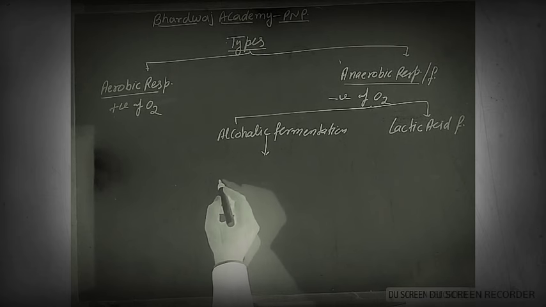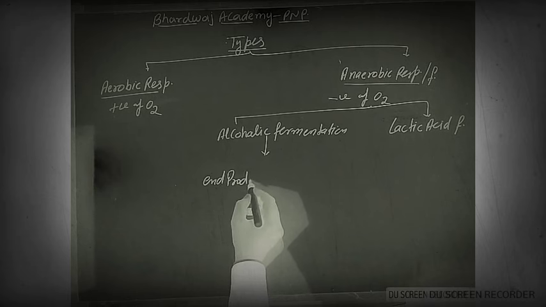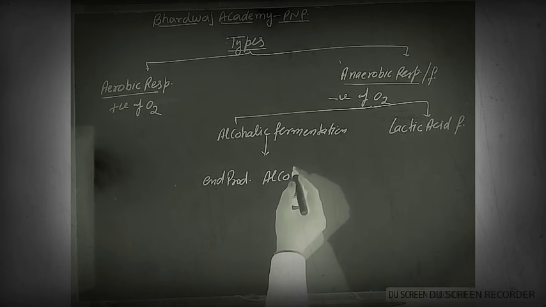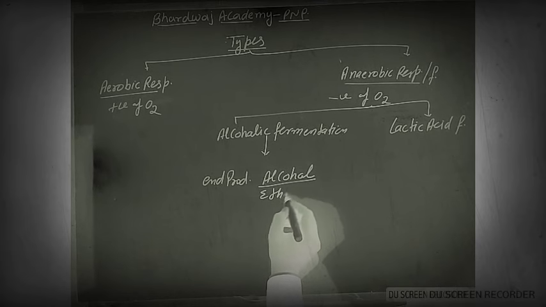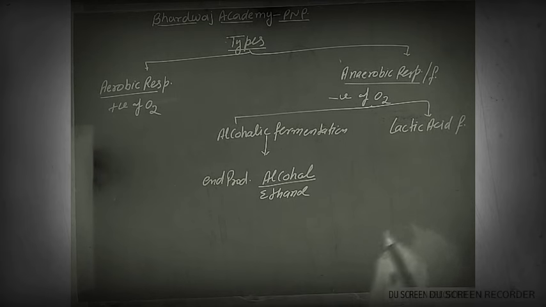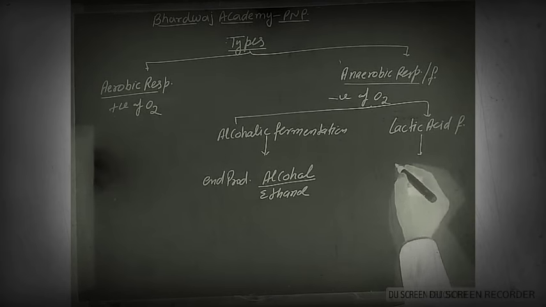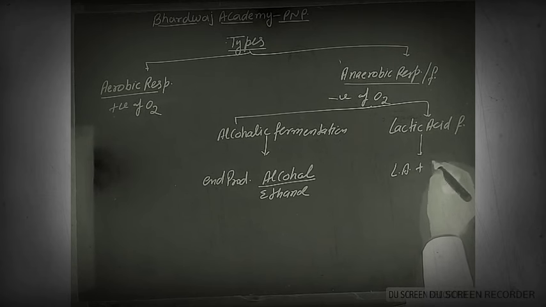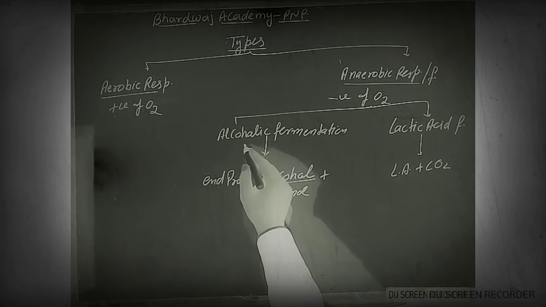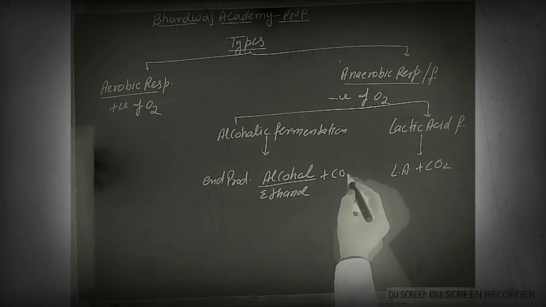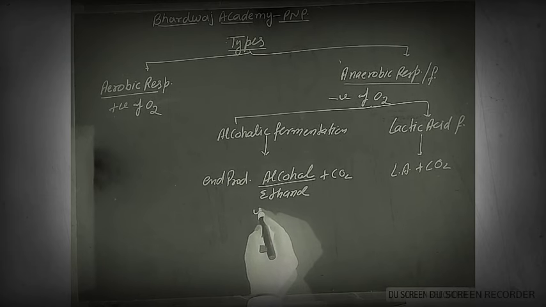In case of alcoholic fermentation, the last or end product is alcohol, that is ethanol. In case of lactic acid fermentation, the last product is lactic acid, and in alcoholic fermentation carbon dioxide is also released. It commonly occurs in yeast.